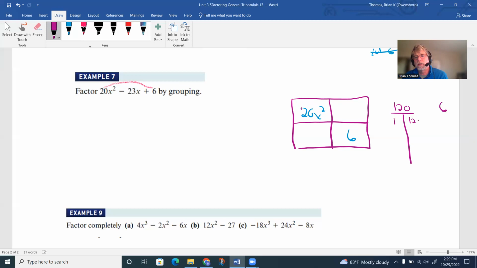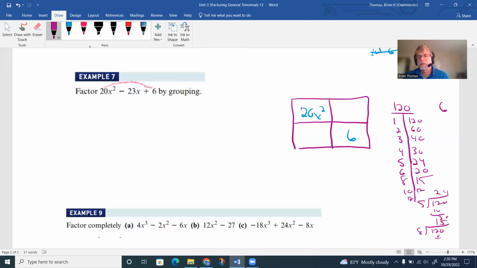We have 1 and 120, 2 and 60, 3 and 40, 4 and 30, 5 and 24, 6 and 20, 8 and 15 would be good. 9 I don't see happening. 10 and 12. 11 no. 12 and 10 would be it.